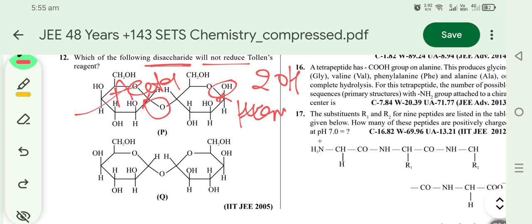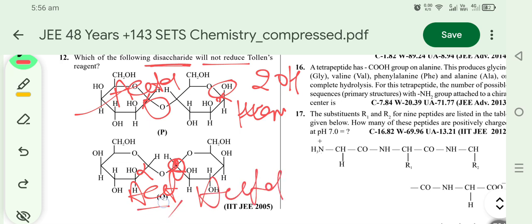And in Q, there is acetal formation at the second carbon, and for the second carbon of the next ring there is no free OH; it is also an acetal form, hence Q is non-reducing. So P is a reducing sugar, Q is not a reducing sugar.